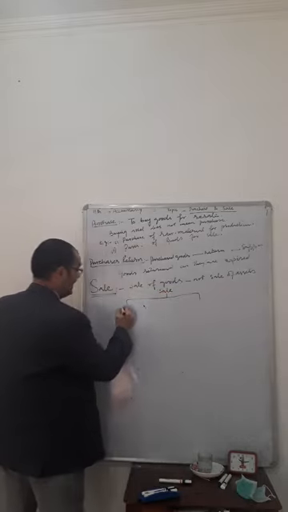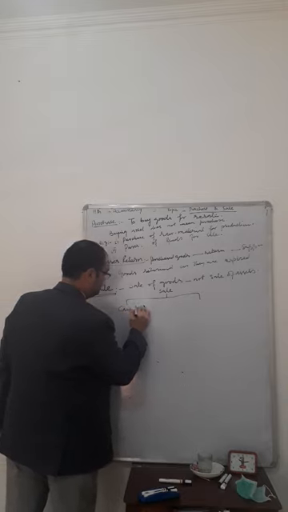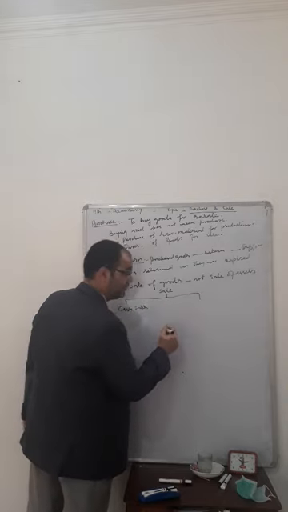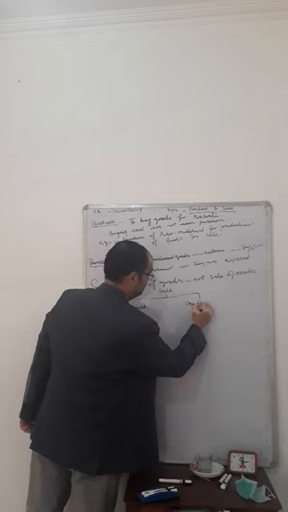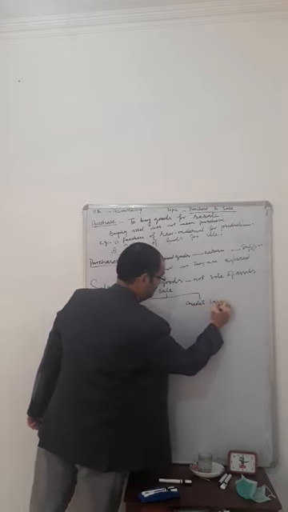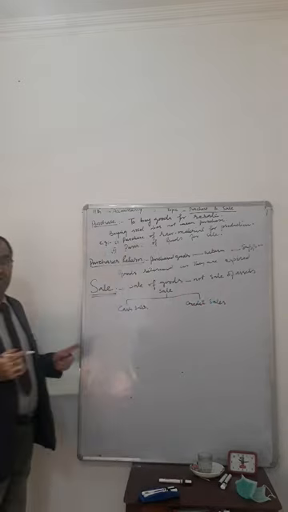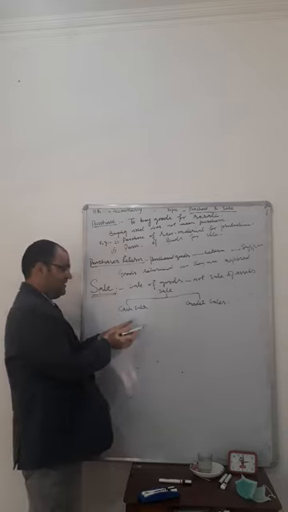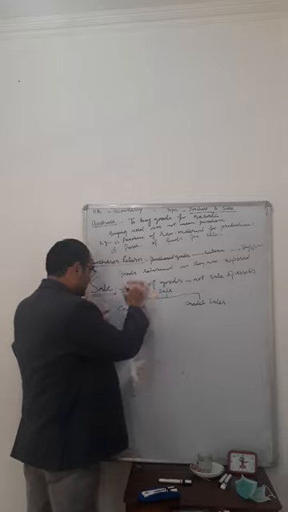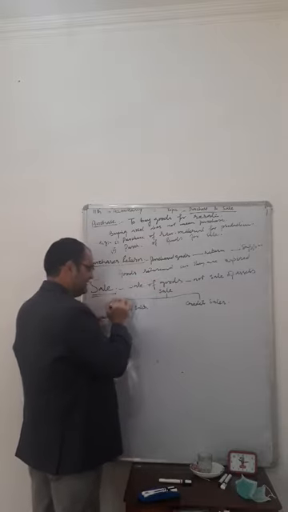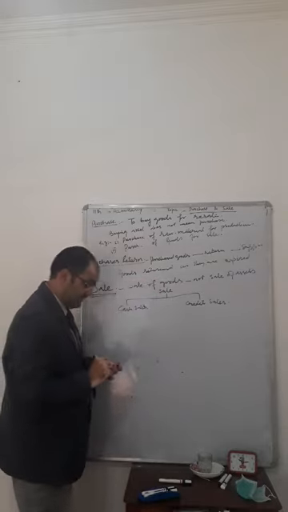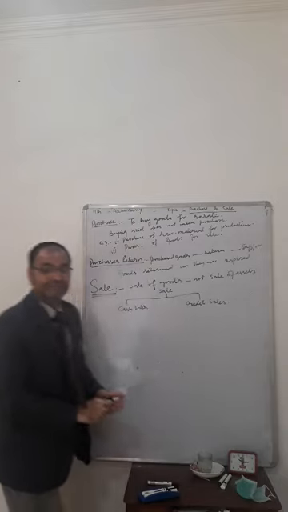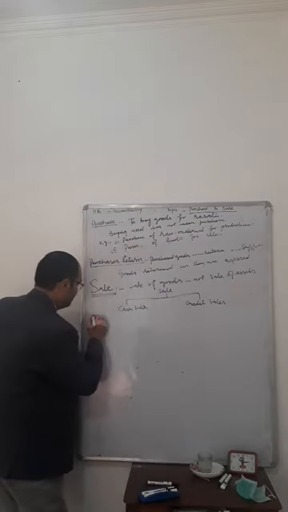This sale is of two types. Number one, cash sales. Number two, credit sales. Now, the types of the sale of goods. First of all, we must learn cash sales.